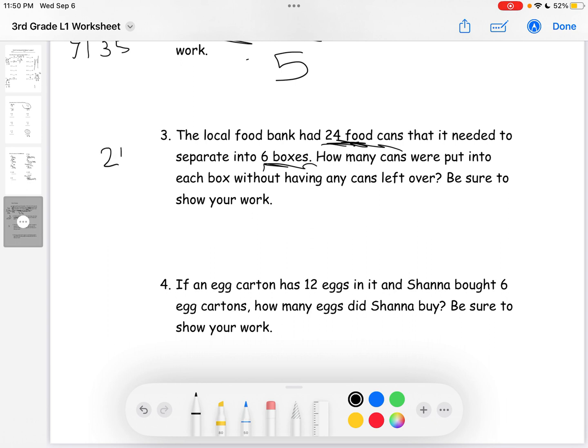So you want to do 24 divided by 6. Same thing, you want to do the multiples of 6. So it would be 6, 12, 18, 24. Since we reached the number in 4 times, the answer would be 4 right here, which means that there will be 4 in each box without having any cans left.